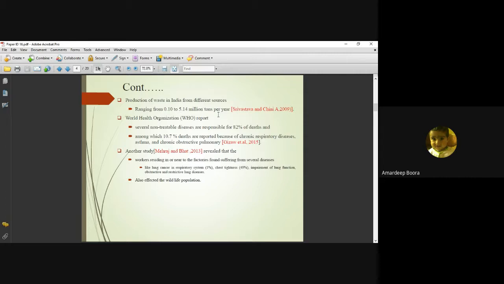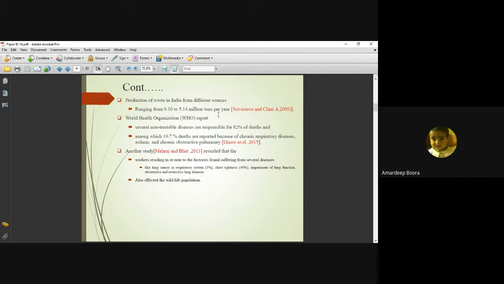Because of the emission of these hazardous gases, the small particles of cement dust also float in the air and then go into the human body. Because of that, these are responsible for different types of diseases. Mehraj and Bhatt in 2013 conducted a study and found diseases such as respiratory cancer, chest tightness, impairment of lung function, and others.